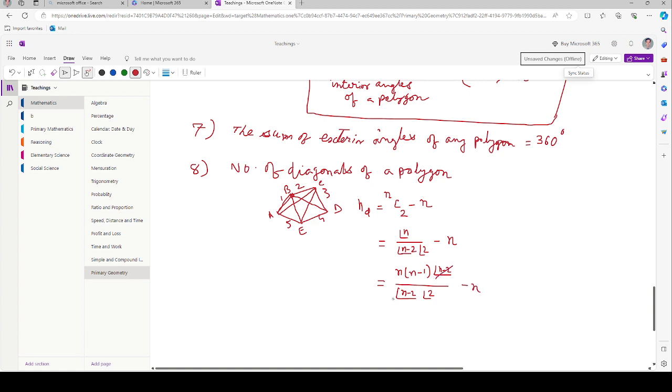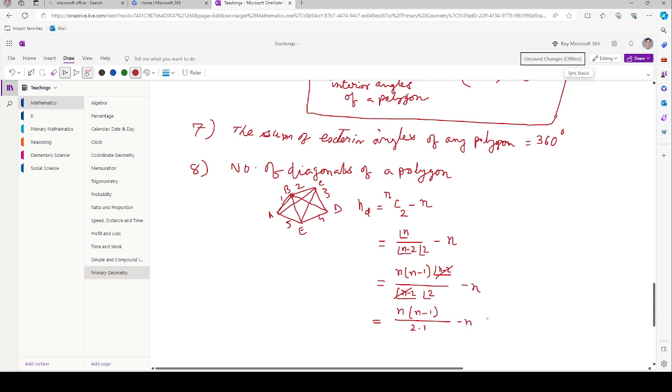Factorial n minus 2 is to be eliminated, and we get factorial 2 equals, we know, 2 into 1.